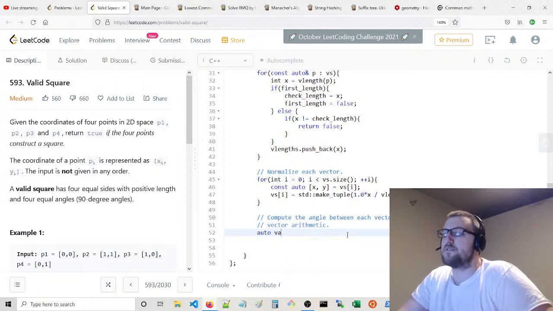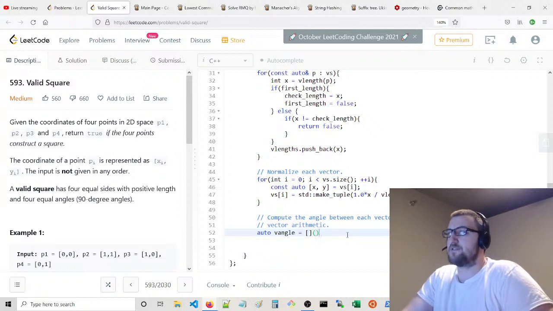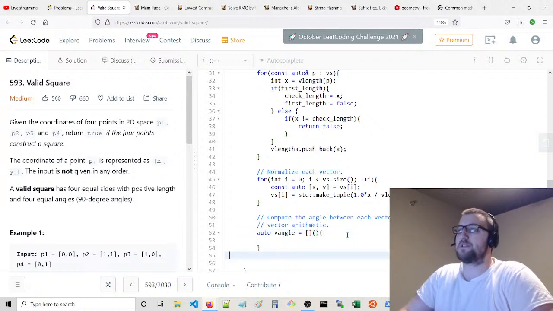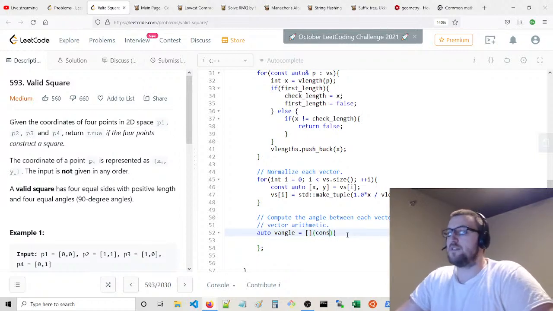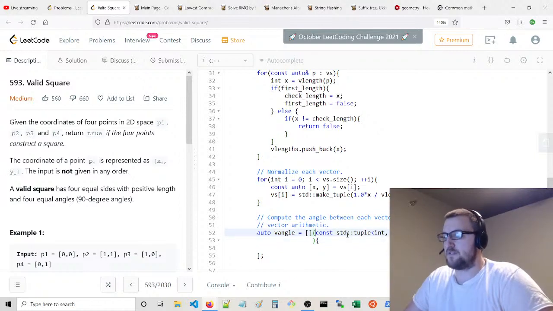So v angle, we'll say is going to be this function, a lambda expression, const standard tuple of ints, say a and b.